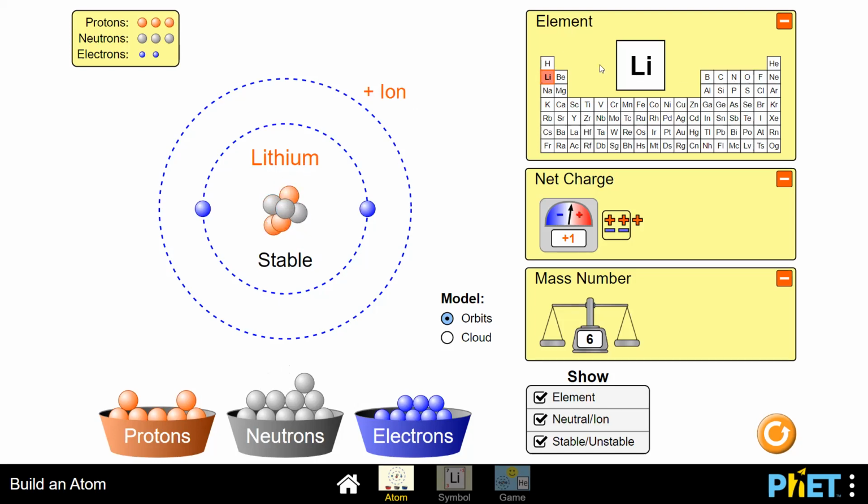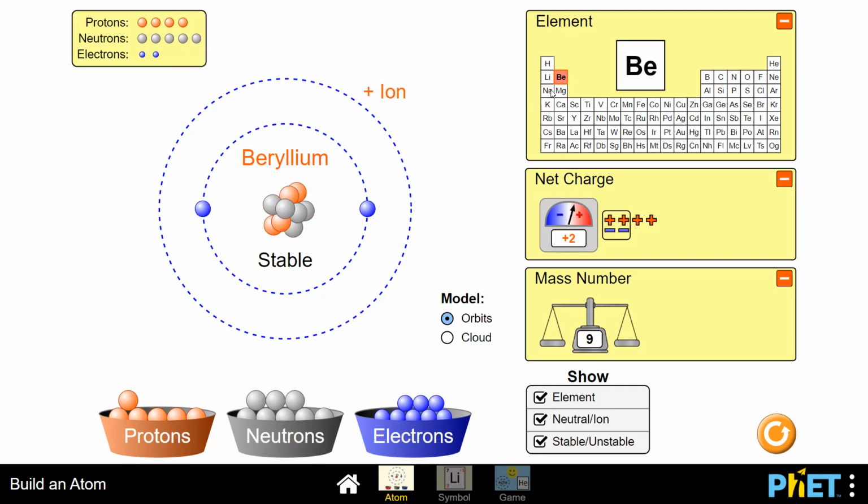So each time you go across the periodic table in a row, right? If you move from lithium to beryllium, you increase the number of protons by 1. So if we increase by 1, we're going to get beryllium. All right. But we have to add a neutron or 2 to make it stable.